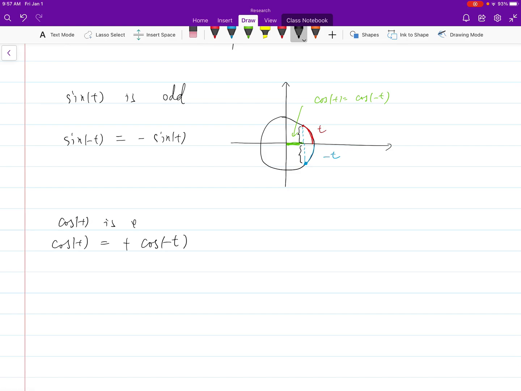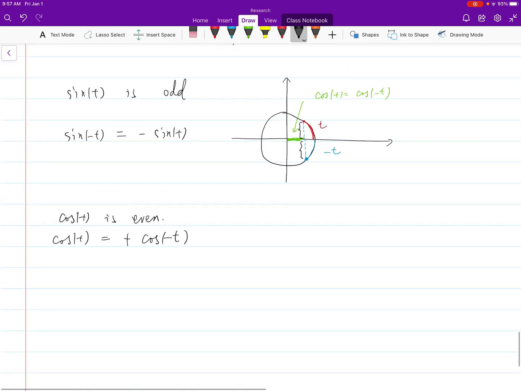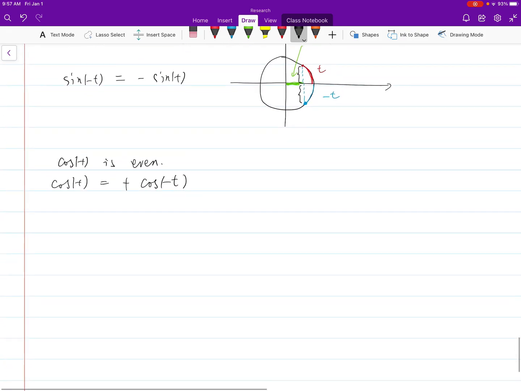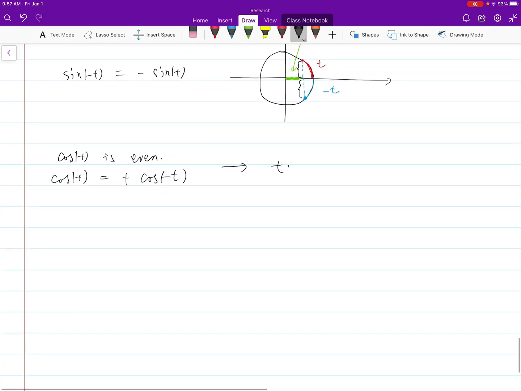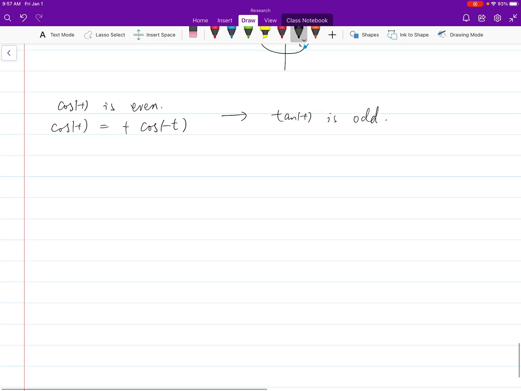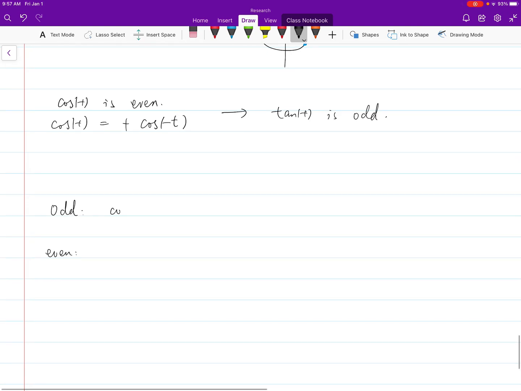Therefore, they are the same with a positive sign. Therefore, cosine is even. Using the same argument, I will challenge you to prove tangent t is, think about it, and the answer is going to be odd. Okay, so we have odd functions, we have even functions.